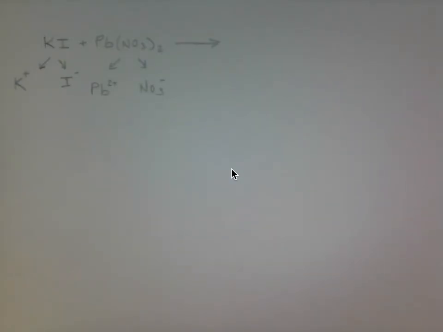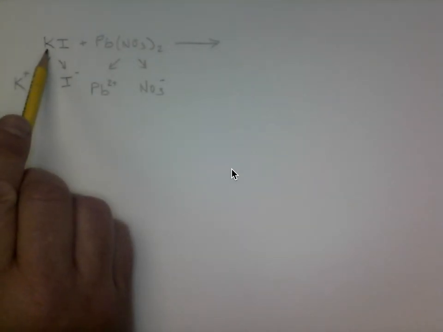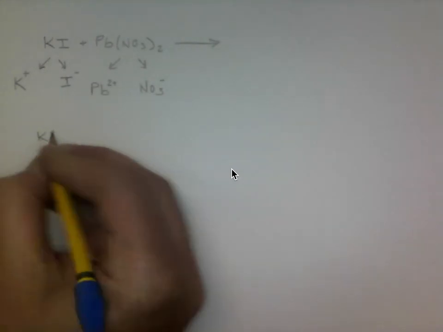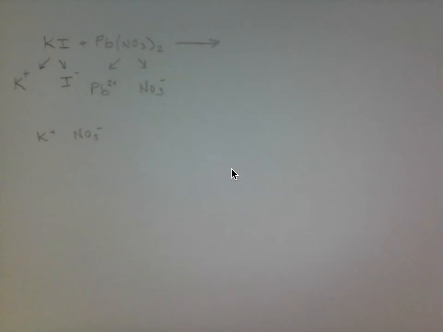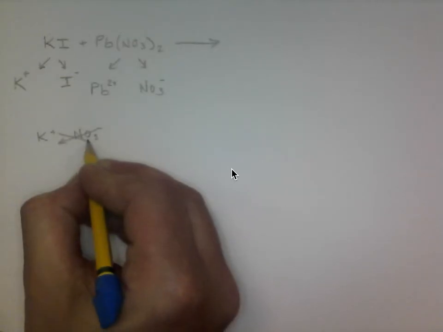So now we have to figure out what new ionic compounds are going to be forming. We can identify that the potassium is going to partner up with the nitrate. So we write the K positive, we write the NO3 negative, and then determine our subscripts. We do our crisscross applesauce to find out how many of each one we need.